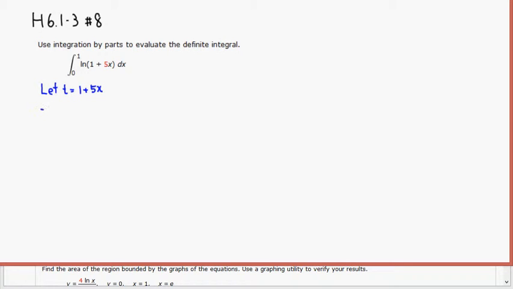If you take the derivative, dt over dx is the derivative of 1 plus 5x, which is just 5.